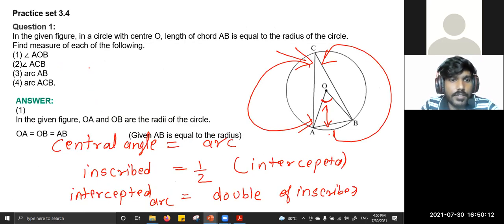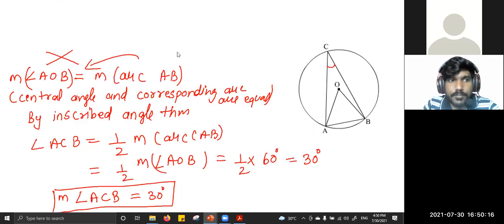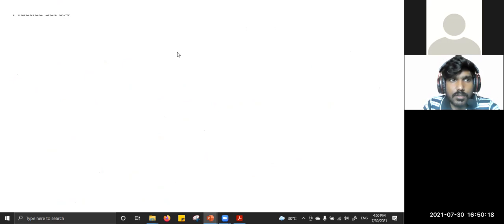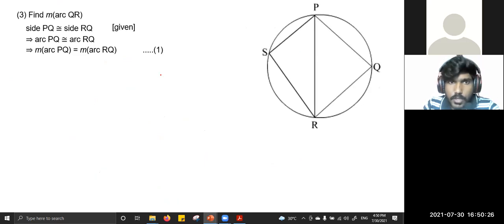Okay, so third one, let's see. Third one is to find measure arc AB.